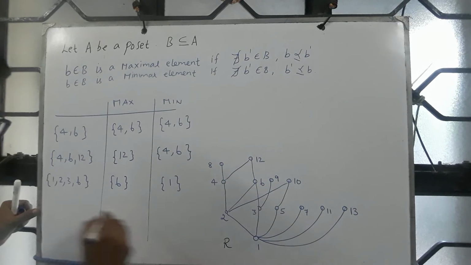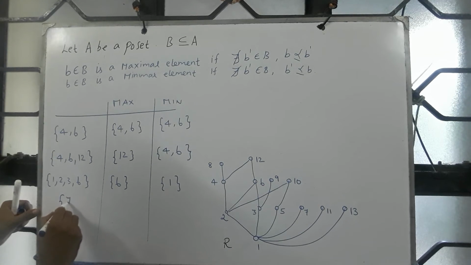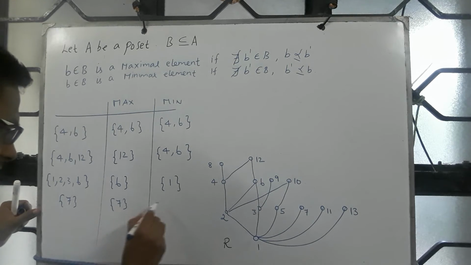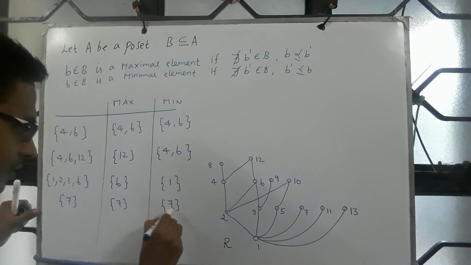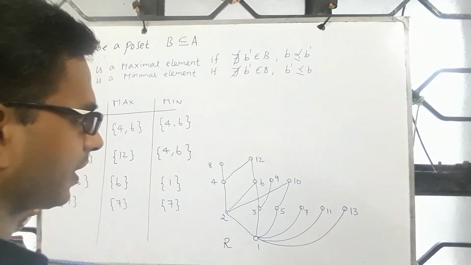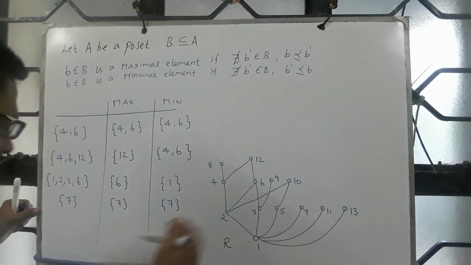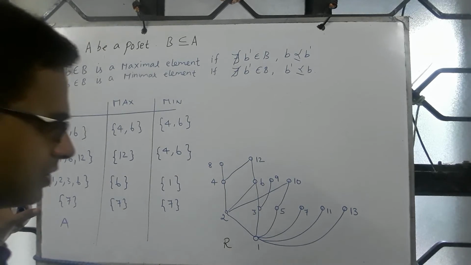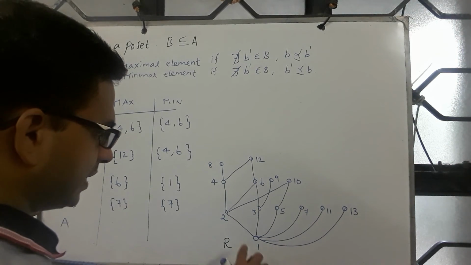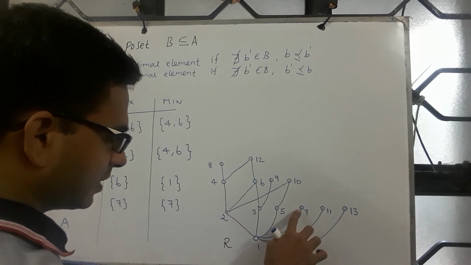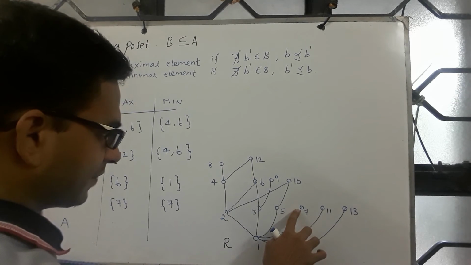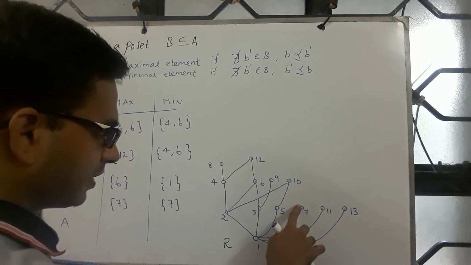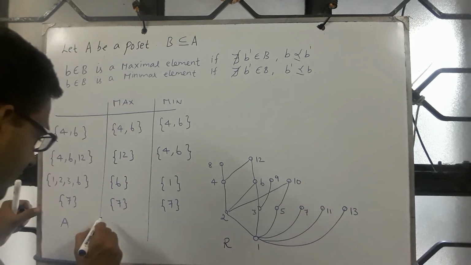Fine. If you take just {7}, then 7 is maximal. 7 is also minimal. Now you take the entire thing, all of this. Now, is 7 maximal? We ask, do you see anything above? Answer is no. Yes, 7 is maximal.